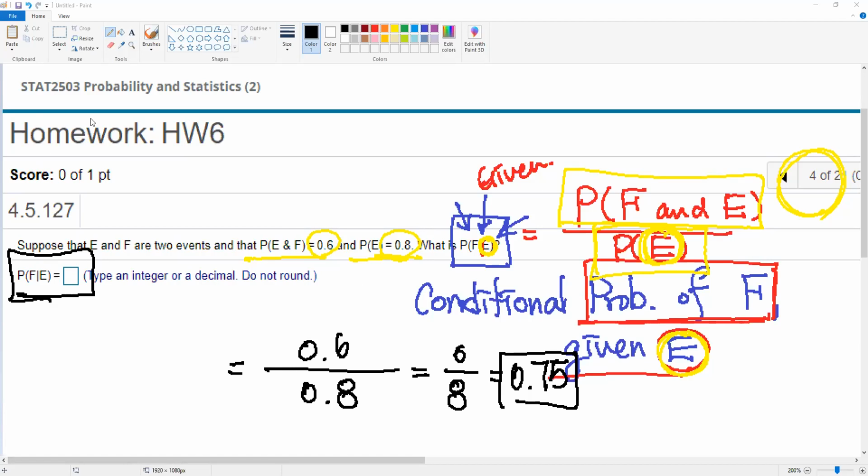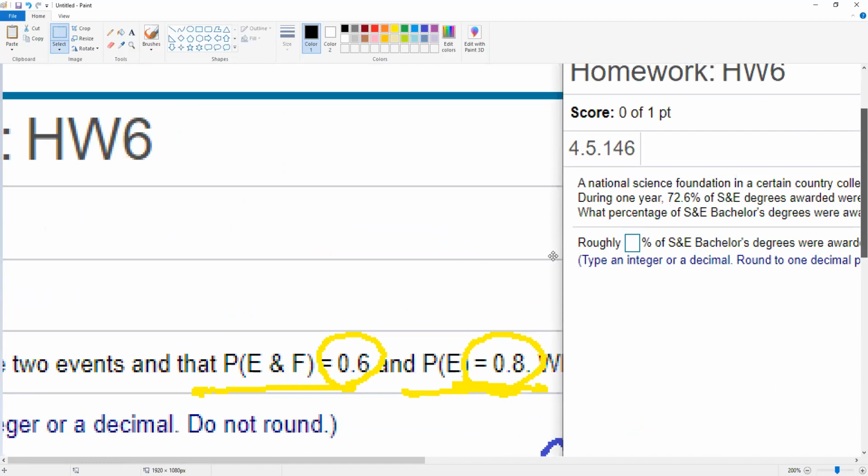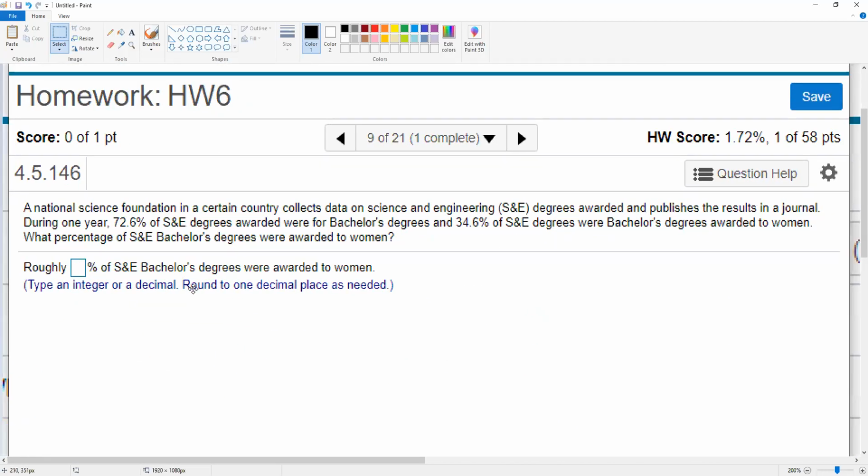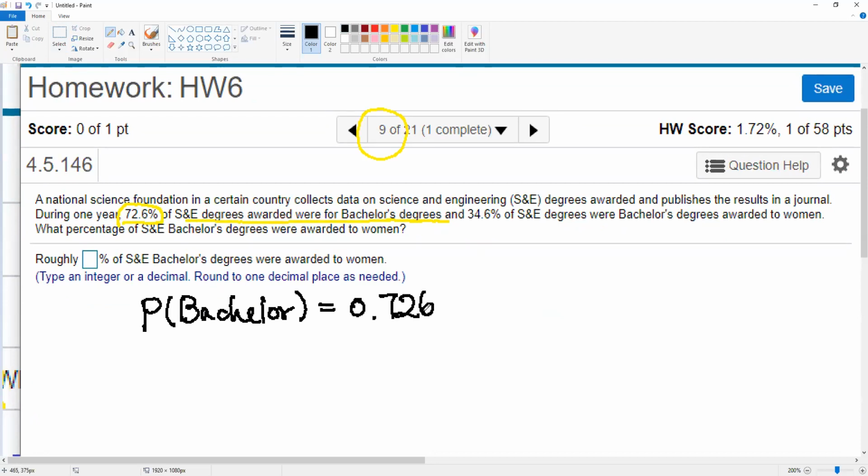So let me try again, number 9. Yep, here's number 9. Here's a probability for the bachelor degree. So let me summarize it here. It's the probability of the bachelor, that is 0.726.